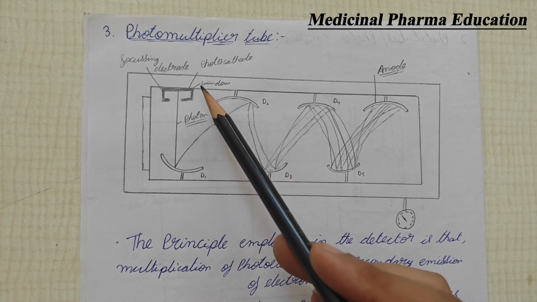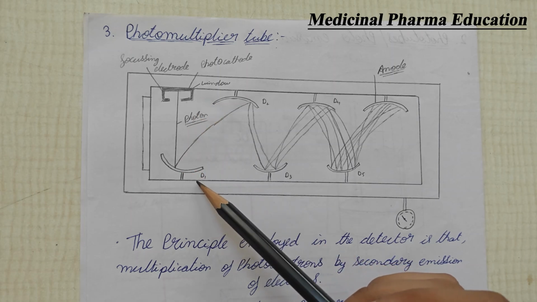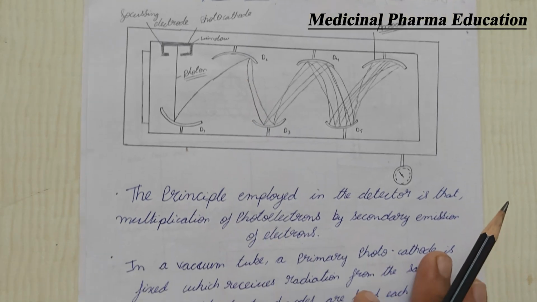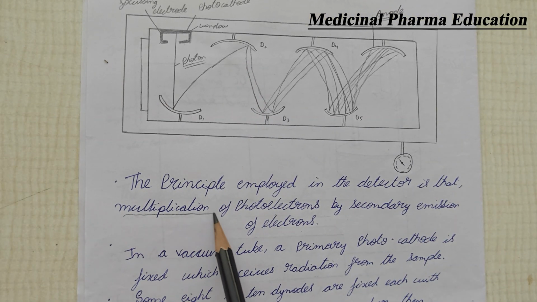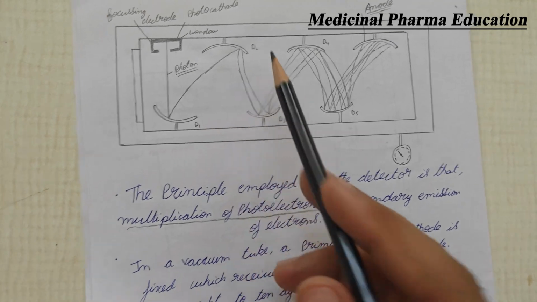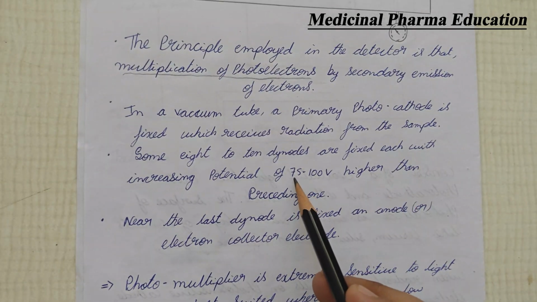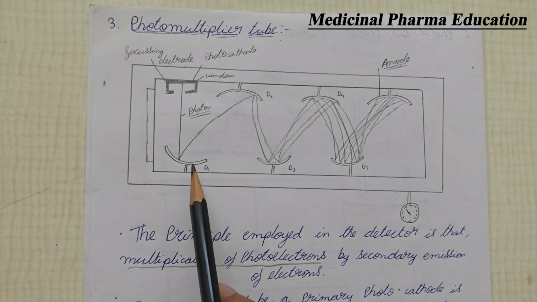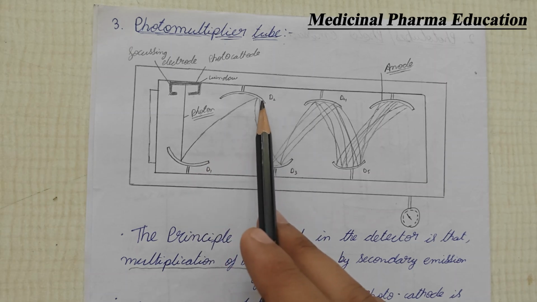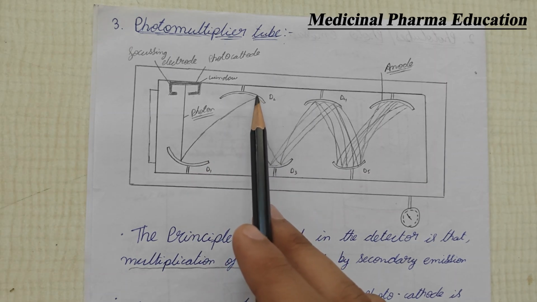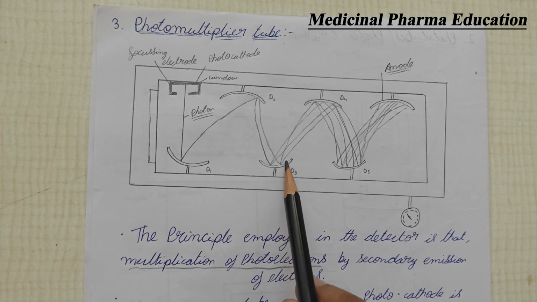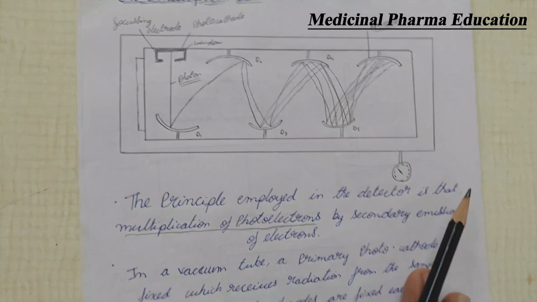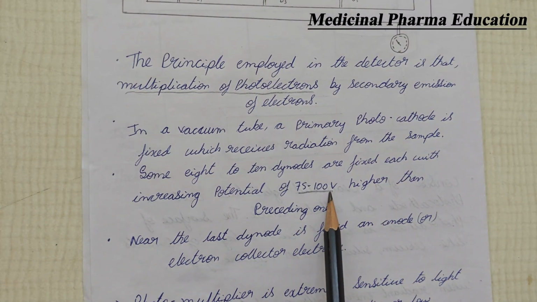What happens is, as the photons fall on dynode 1, it multiplies the photoelectrons and sends them to the second, and there is an increase of 75 to 100 volts over the preceding one. Means if it is 75, the next one will be 150. Again 75 increased, again 75 or 100 increased.